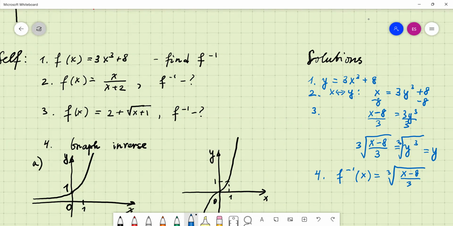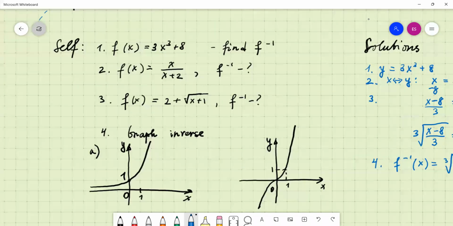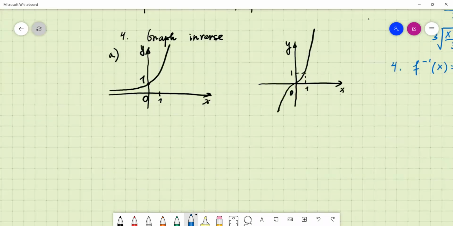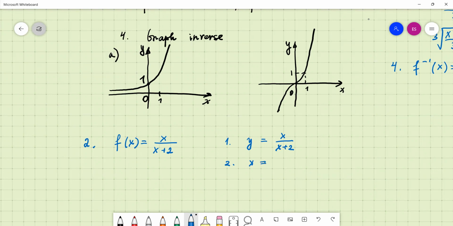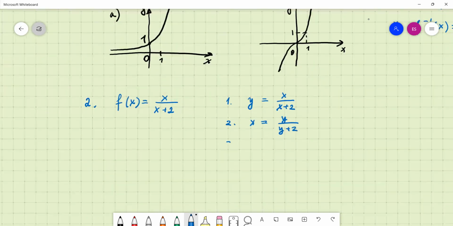I'm not going to fit the second problem over here, so I'll go down, okay? So problem number 2, f of x equals x over x plus 2. Step number 1, y equals x over x plus 2. Step number 2, x equals y over y plus 2. And now I'll need to solve for y. Here, it's going to be a little bit more complicated because I'll need to deal with a fraction.